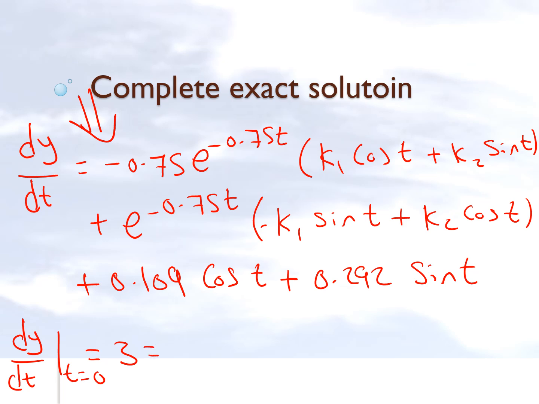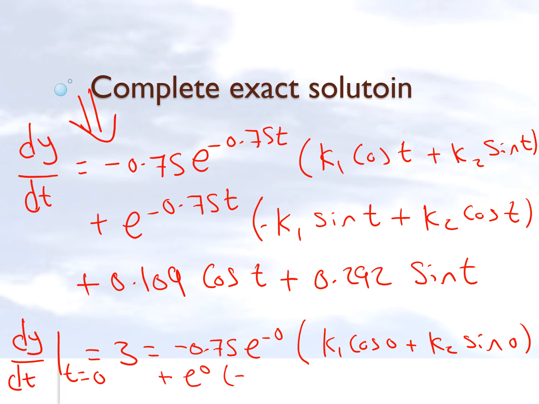So we have minus 0.75 e to the minus 0 times (k1 cosine 0 plus k2 sine 0) plus e to the power 0 times (minus k1 sine 0 plus k2 cosine 0) plus 0.109 cosine 0 plus 0.292 sine 0.